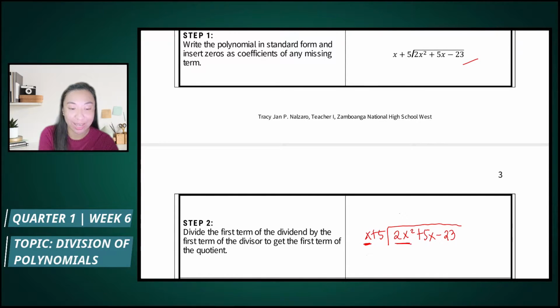Take note that 2 divided by 1 is 2, so we write it on top of the first term of the dividend. And then x squared divided by x. The rule here is to subtract the exponent and copy the variable. So 2 minus 1 is 1, and the quotient there is 2x.